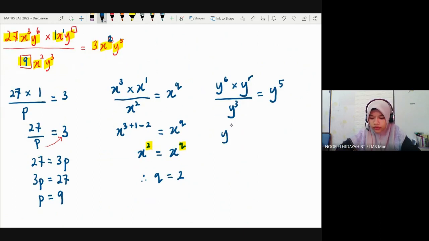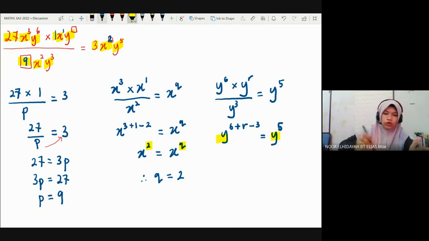y to the power of 6 plus r minus 3 is equal to y to the power of 5. Now you have the same base.